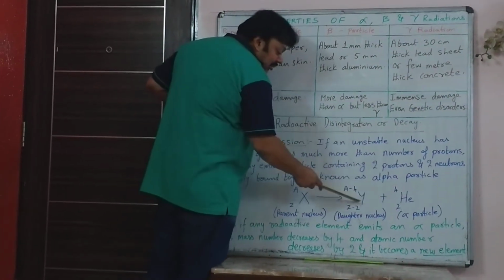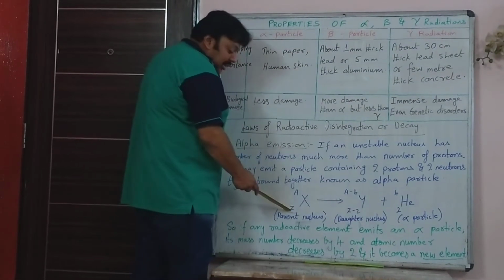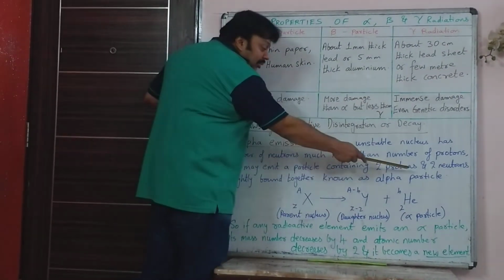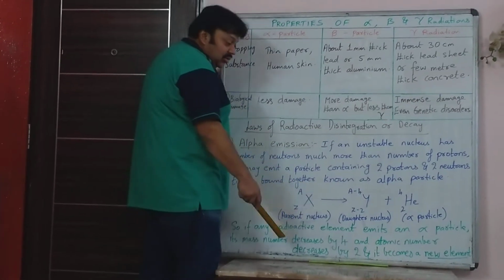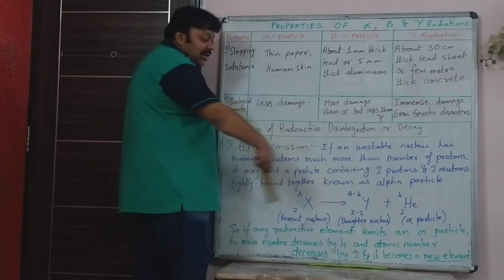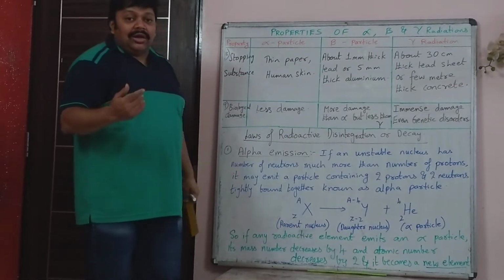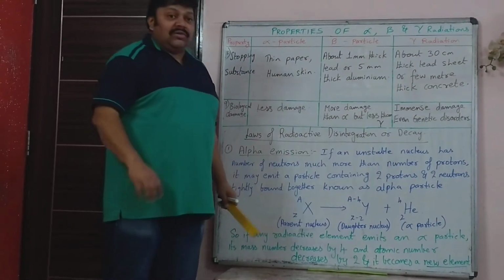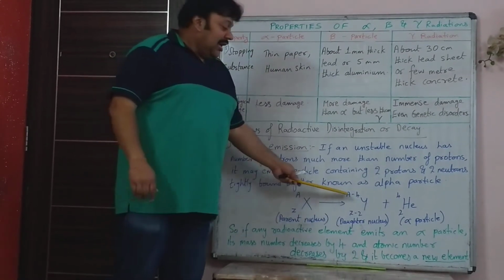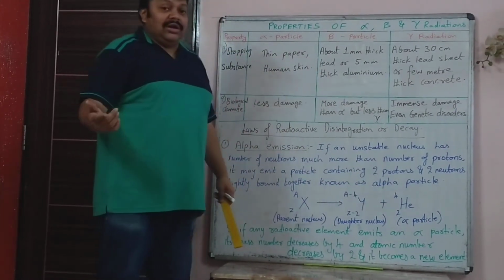And atomic number decreases by 2 because 2 protons have decreased, and atomic number is the number of protons. So now in balancing a reaction in nuclear physics, the total mass of the left hand side should add up to the total mass of the right hand side.